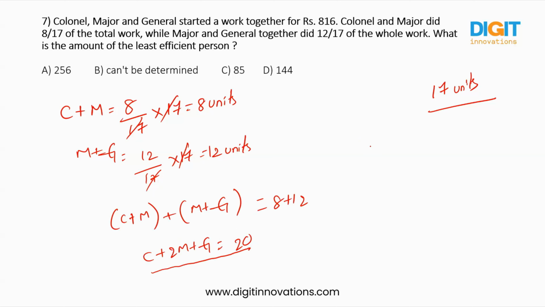But we already know the total work is 17 units. C, M, G, if they work, they have to complete 17 units only. But here, if the three work together, 20 units is being completed. So we have to subtract the values because 2M is there here.